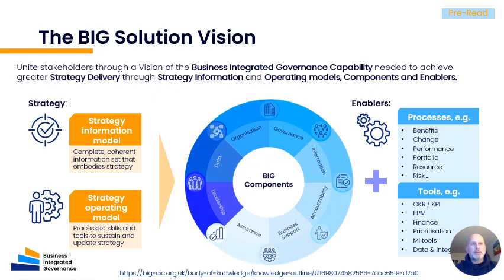Those are high-level building blocks, but we'll need to put it together with smaller building blocks, process definitions for things like how for benefits management, change, performance management, portfolio, program, project, etc. We'll need to make sure all that existing stuff is fit for purpose.